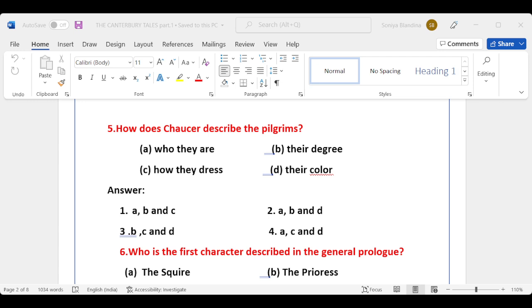Okay, question number 5. How does Chaucer describe the pilgrim? Option A, who they are. Option B, their degree. Option C, how they dress. Option D, their color.